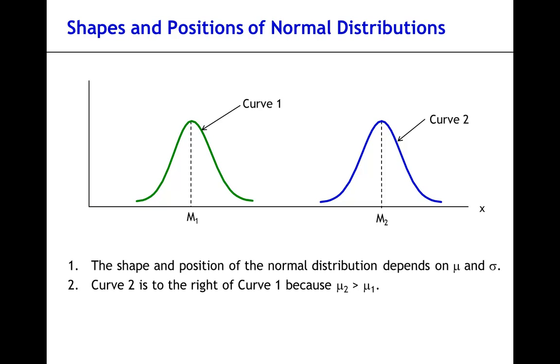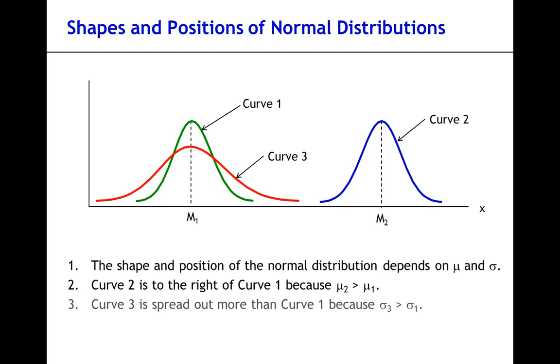If we add in curve 3, we notice that it is spread out more than curve 1. This is because although mu sub 1 is equal to mu sub 3, such that the central location is the same, the variability sigma sub 3 is greater than sigma sub 1. So the spread of curve 3 is much wider than curve 1.